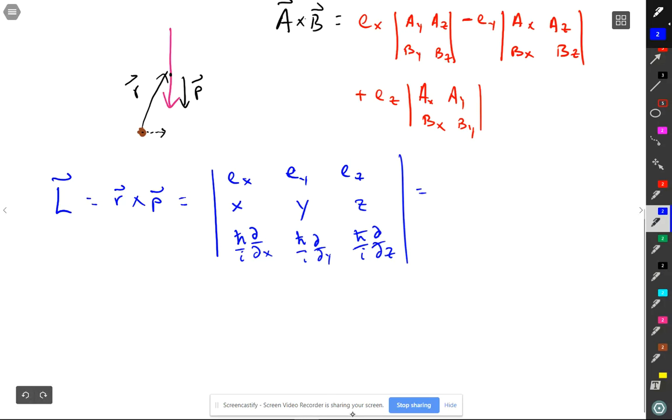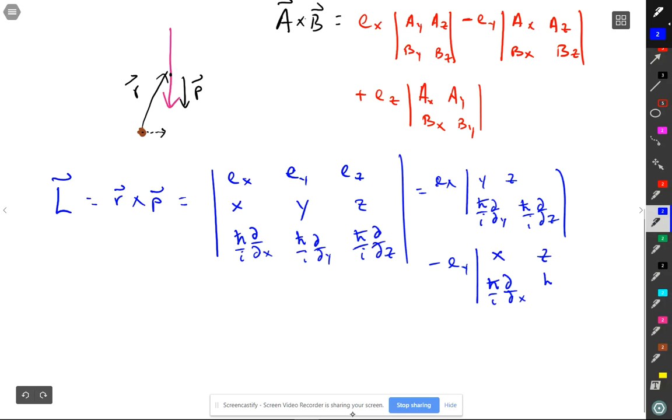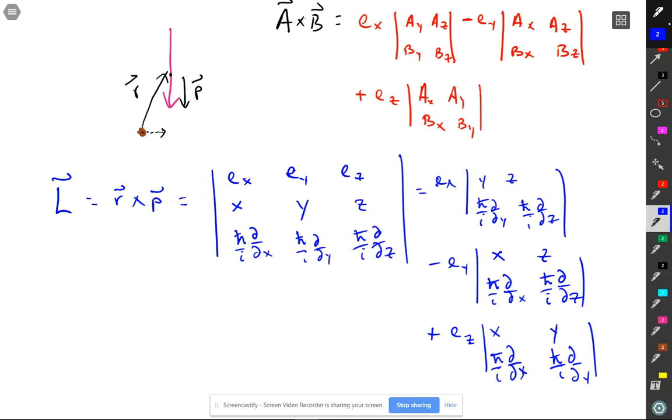So now when you do this, you have that. And now another rule for the determinants that's important.